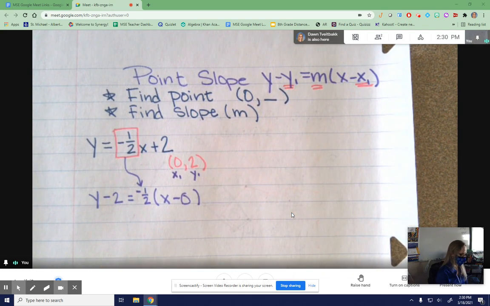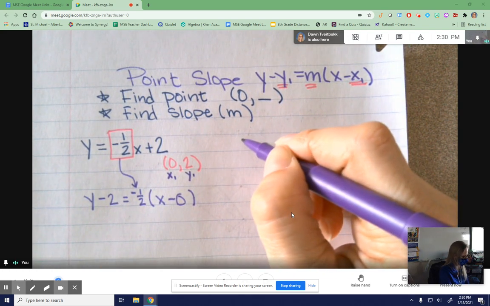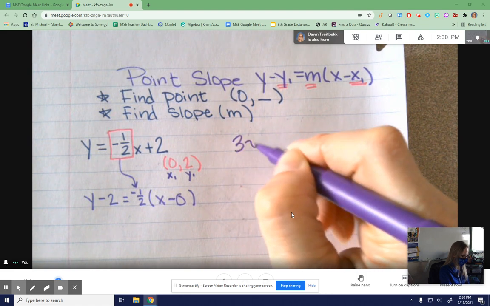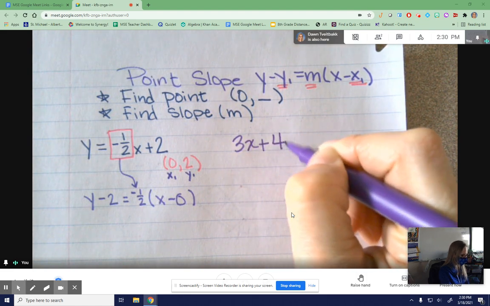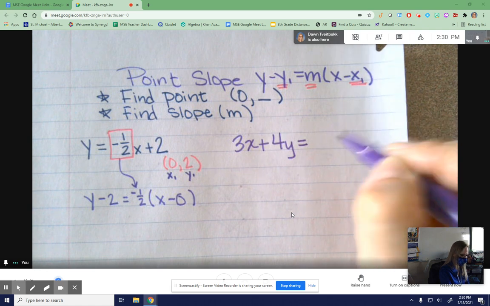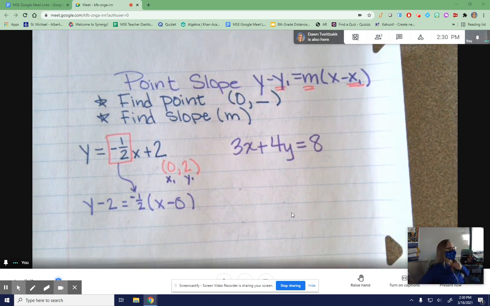The one that is not your best friend is this one: 3x plus 4y equals 8. This one's not your best friend because it doesn't tell you the slope, right? Remember that? And it doesn't give you a point. It's kind of a bummer.